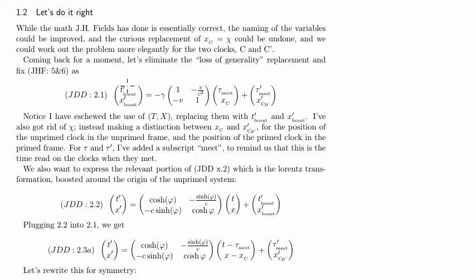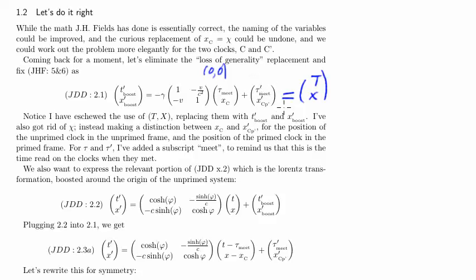First, 2.1: t prime boost, x prime boost, and that's equal to what he was calling capital T and X, is equal to the Lorentz transformation around, and this is the point, the tau and x sub c of the clock variables, and then we're going to transform those around the boost, around the origin 0, 0, and then we're going to add on the coordinates of the primed variables.